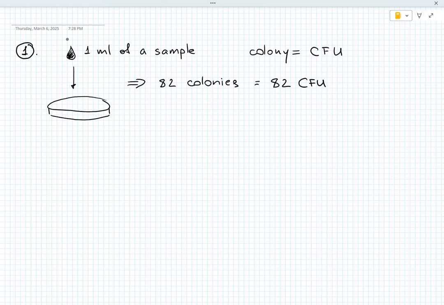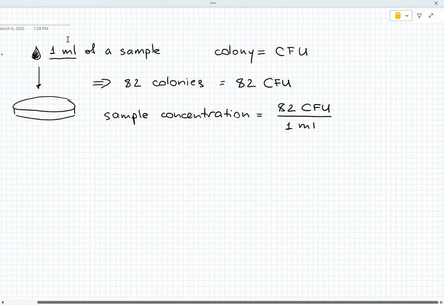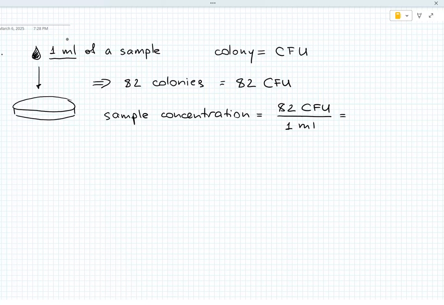So these 82 colony forming units came from 1 milliliter of a sample, which means that the sample concentration is 82 colony forming units in 1 milliliter. Or it is complete equivalency, 82 CFU per ml.